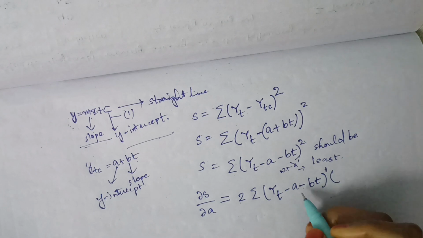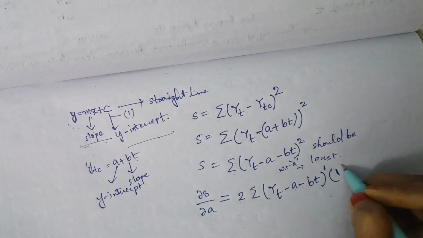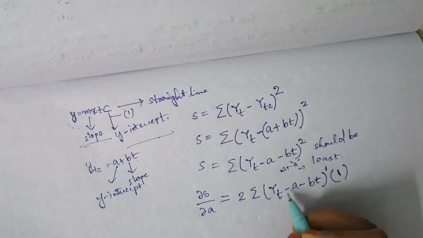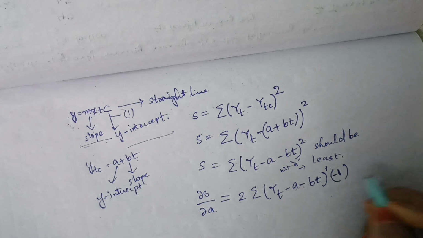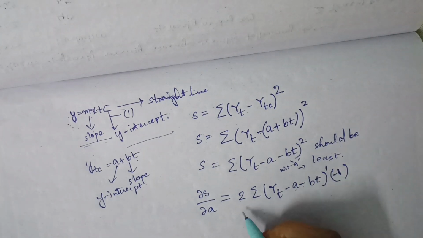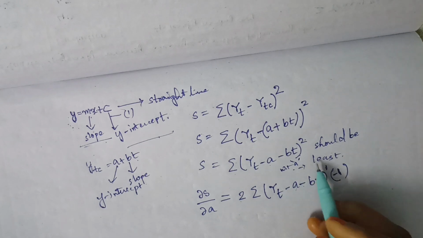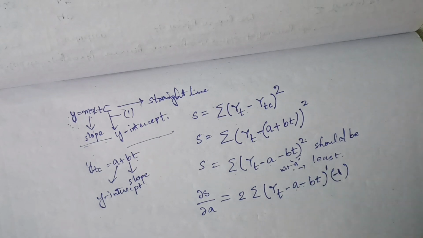A is considered as the variable. The differentiation of a variable is 1, and I am writing here 1, but here the sign of a is minus, so we get minus 1. We equate this to 0.